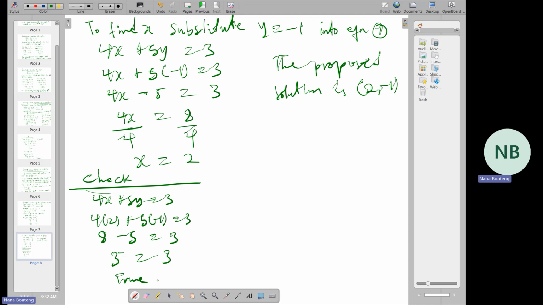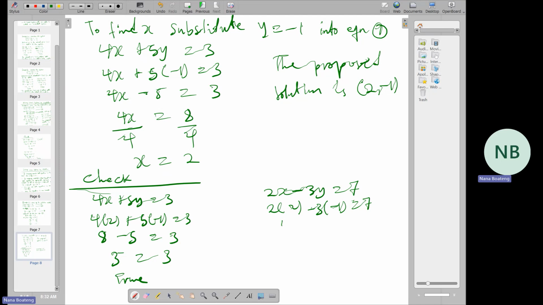Let's also check whether it's true for the second equation. The second equation is 2x minus 3y is equal to 7. So 2 times x, which is 2, minus 3 times y, which is negative 1, is equal to 7.